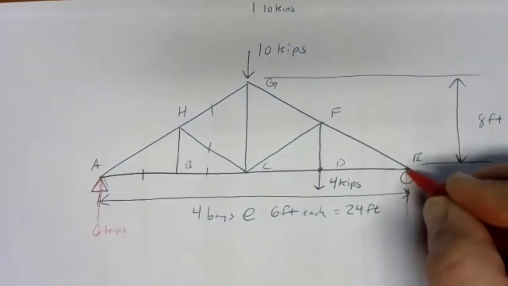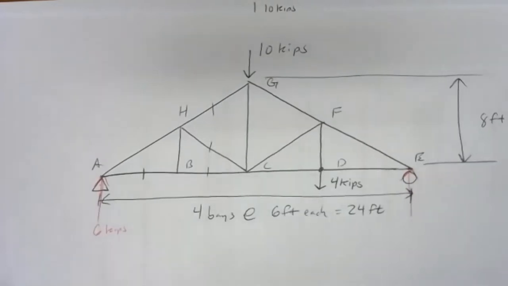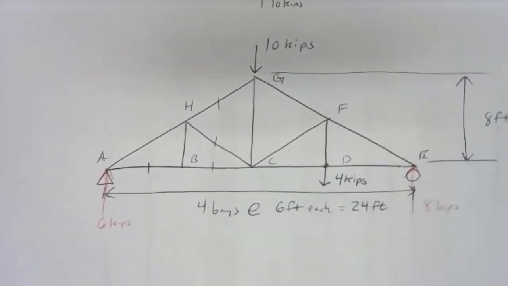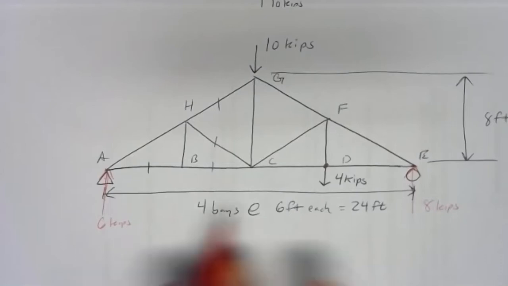And our REY was 8 kips. And we expected, let's see here, we expected that there'd be a roughly even split between these two.